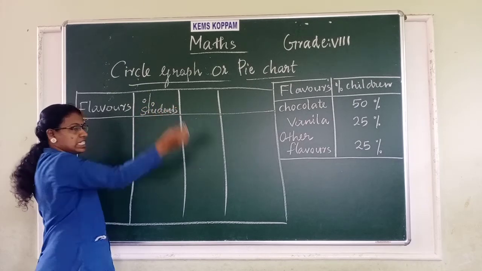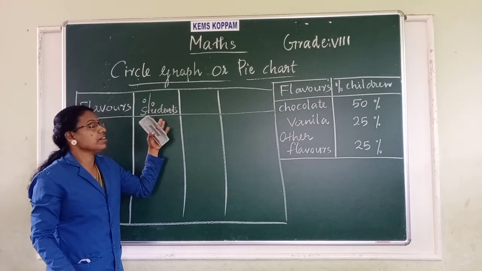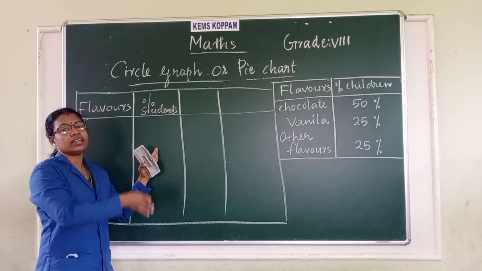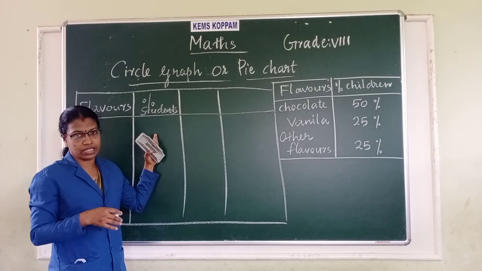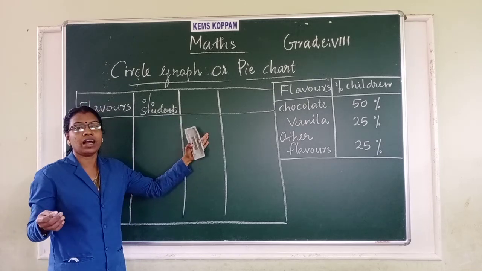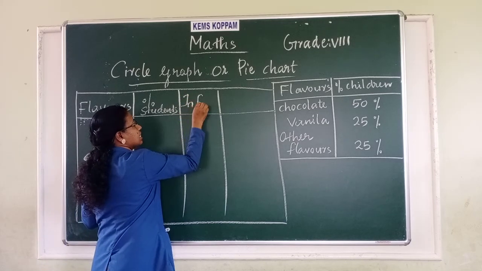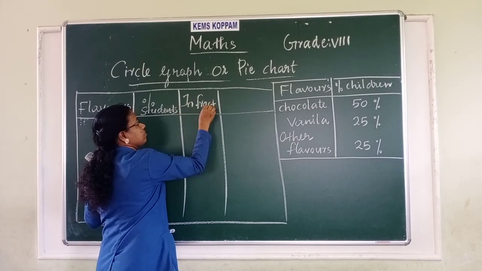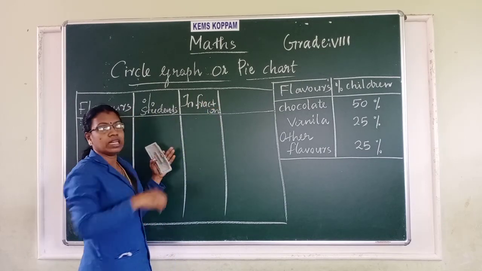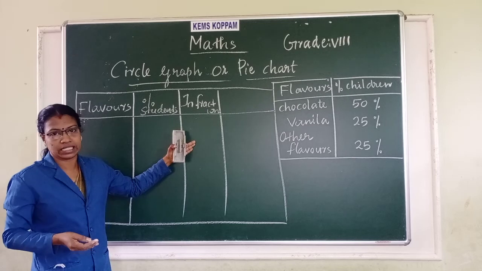The next column is the fraction of the given frequency. So the third column will be the fraction. Just change the given data into the form of a fractional number.